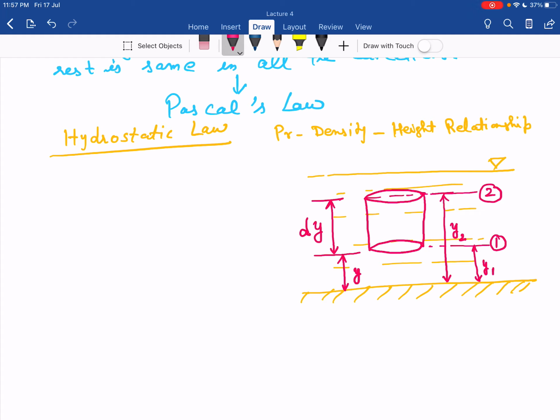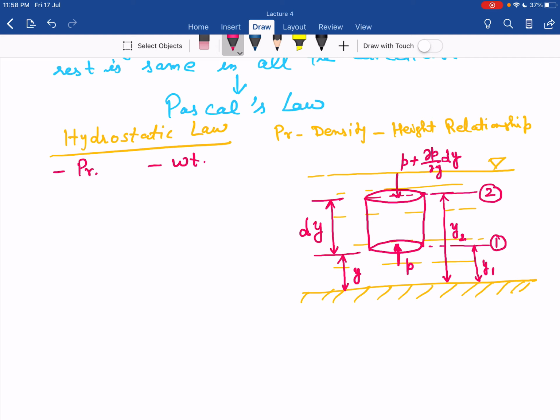Now this element is under fluid static condition. So it experiences two types of forces, pressure and weight. Let P be the pressure intensity acting on the bottom face, and on the top face the pressure intensity is somewhat higher than P, that is P plus ∂P/∂y into dy.